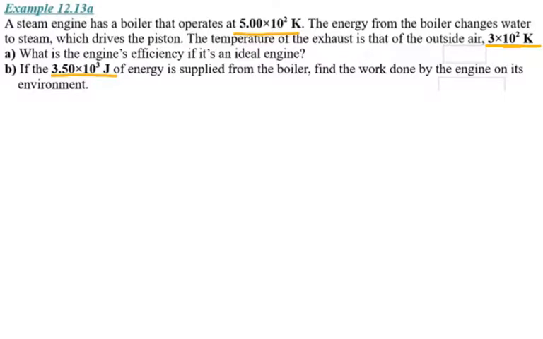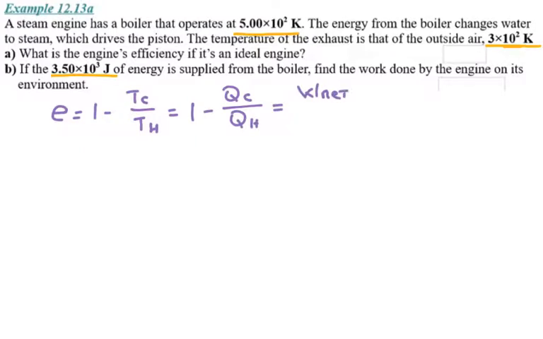So the first one they want us to find is the engine's efficiency. The engine's efficiency formula is 1 minus T cold over T hot, or it can be 1 minus Q cold over Q hot, or it is the net work done by the engine on the environment over the heat entered into the engine.